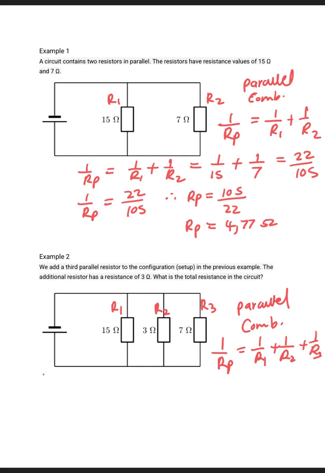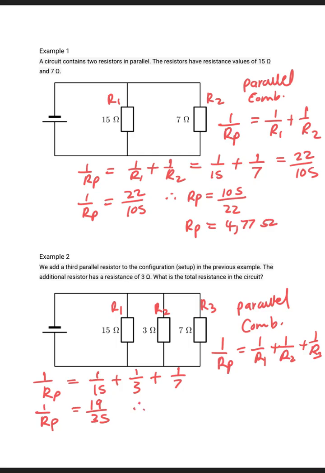So 1 over Rp equals 1 over 15 plus 1 over 3 plus 1 over 7, and we get 19 over 35.